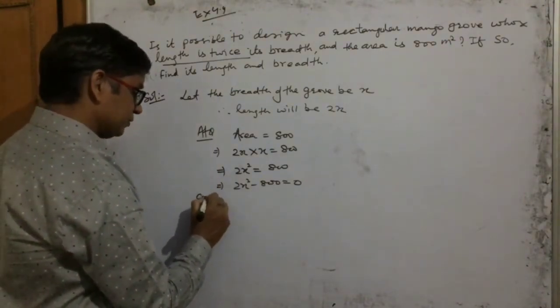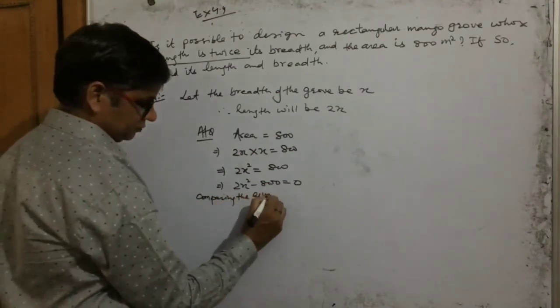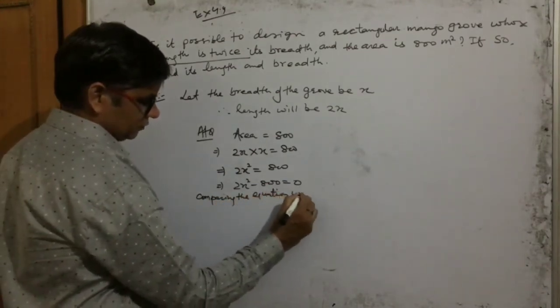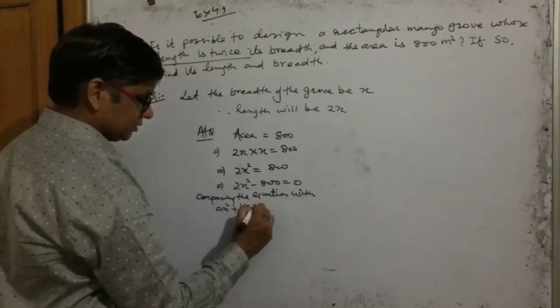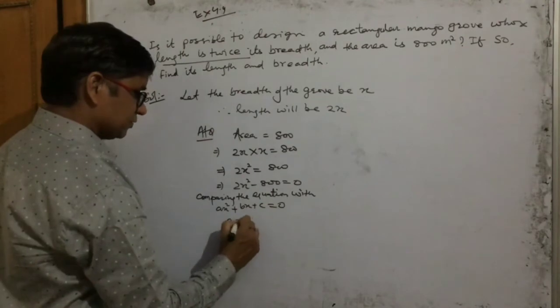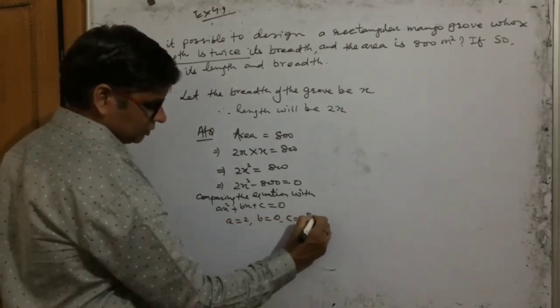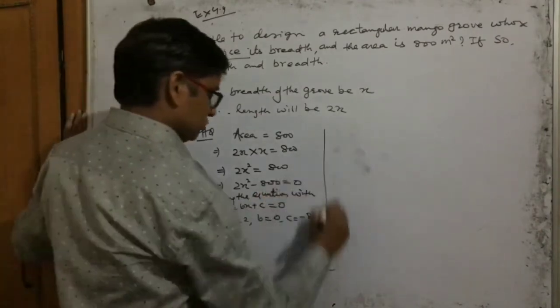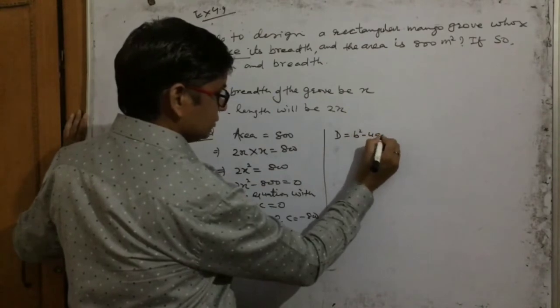So comparing the equation with ax square plus bx plus c equals 0, a equals 2, b equals 0, and c equals minus 800. So D equals b square minus 4ac.